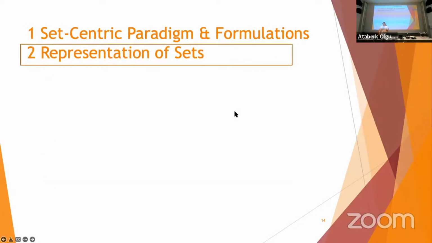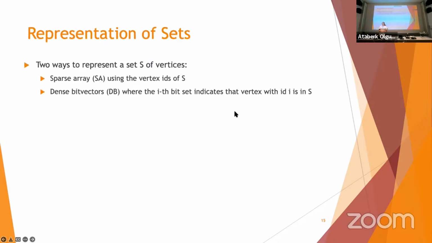Okay, so once we've got the set-centric paradigm and the set-centric formulations of code, how are our basic building blocks, the sets, represented in SISA? Well, there are two ways to store a set in SISA. Firstly, as a sparse array, just storing the vertex IDs of S, where S is a set of vertices, or as a dense bit vector, where the eth bit being set indicates that the vertex with ID e is in the set.